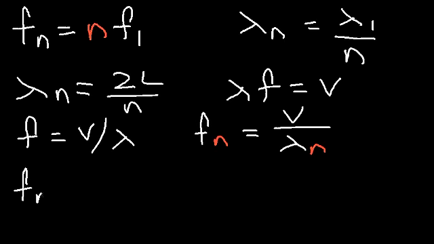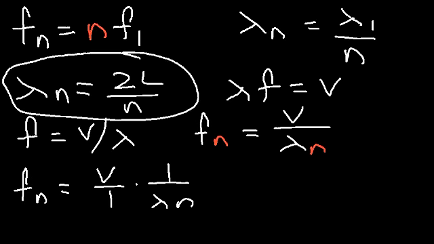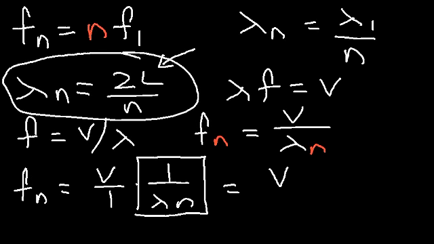So I'm going to write it as Fn is going to be V over 1 times 1 over lambda n. Now, if lambda n is 2L over n, 1 over lambda n is the reciprocal of this fraction. So therefore we have this equation, V times n over 2L.